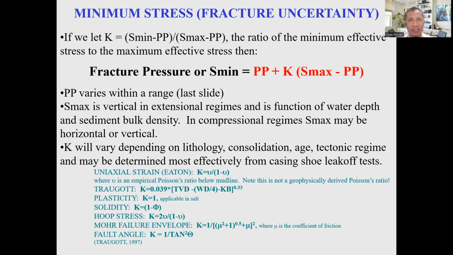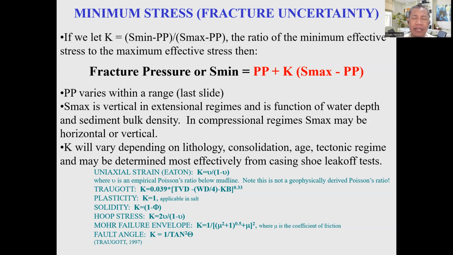Pore pressure varies within a range, and the S max is the maximum stress that depends on factors like water depth and sediment bulk density. The value of K is influenced by the lithology, degree of consolidation, age, and the tectonic regime, and it's commonly determined through casing shoe leak-off test.